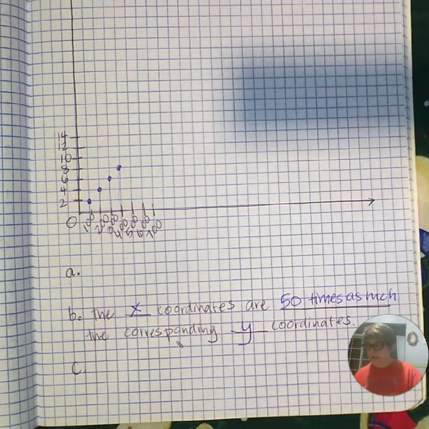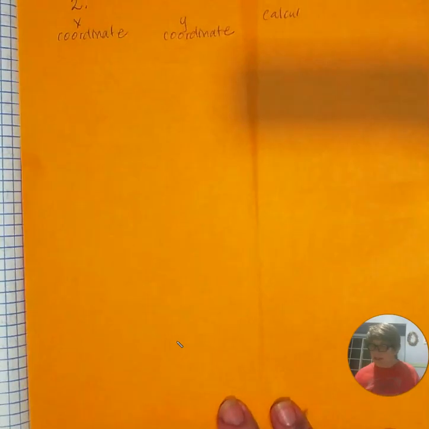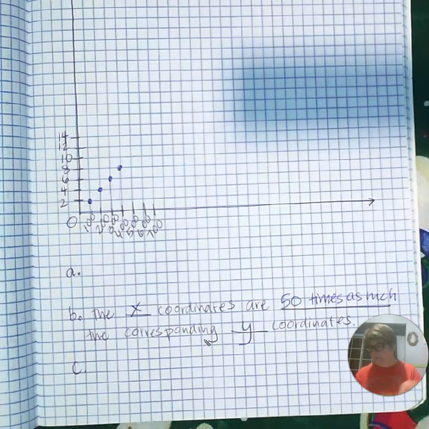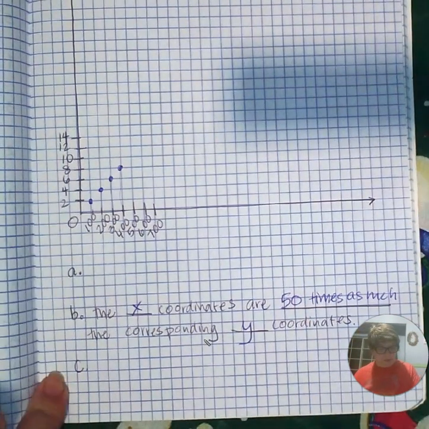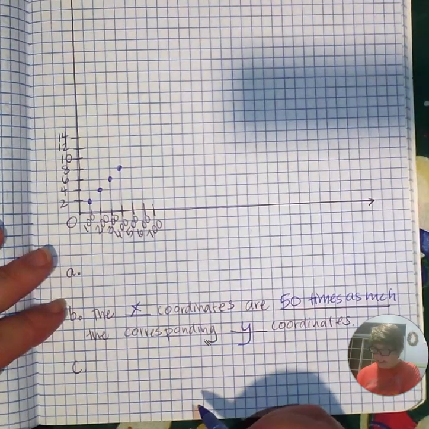Oh, there we go. I knew I wrote down C somewhere. What is the corresponding y coordinate when the x coordinate is 1,000? Oh, maybe I didn't. There it is. Okay. What is the corresponding y coordinate when the x is 1,000?